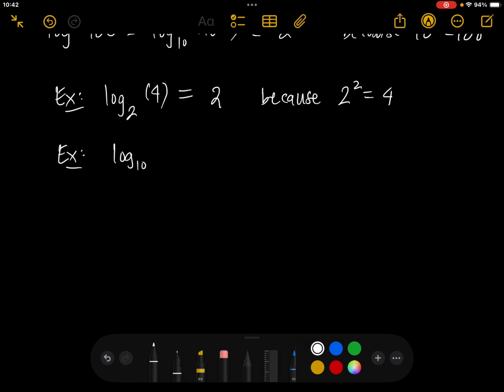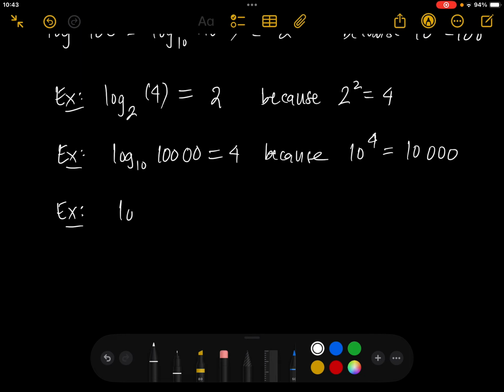Again, you don't have to write down the 10 because when you have just log by itself, it's base 10. So log of 10,000 is 4 because 10 to the 4th power is 10,000.